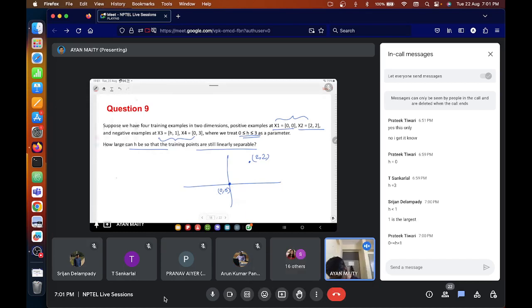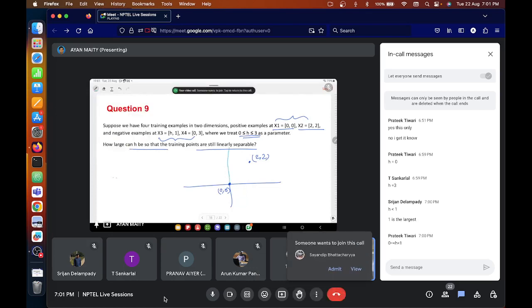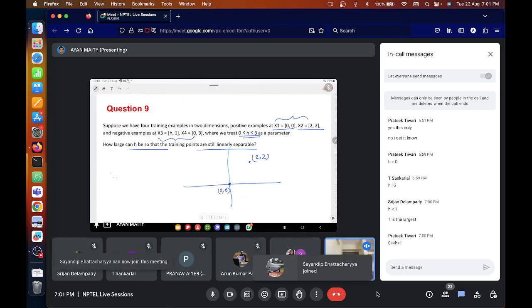So let me increase this. x4 can be here, which is 0, 3.